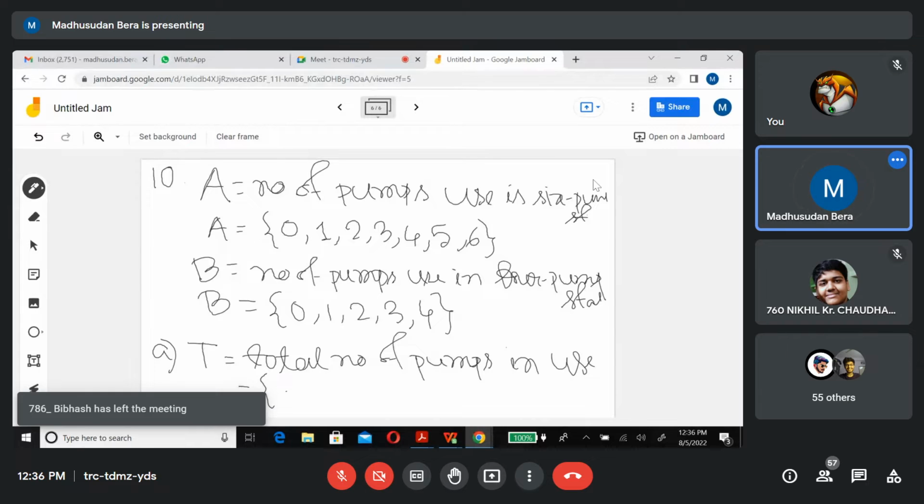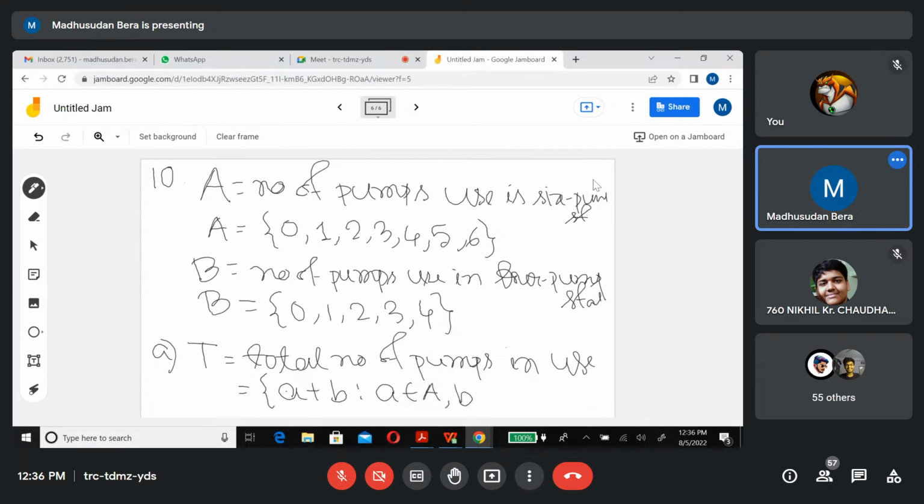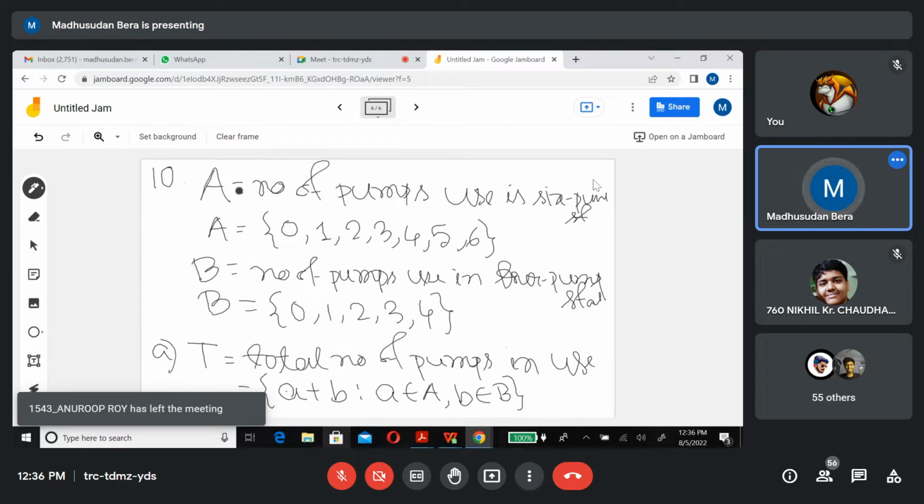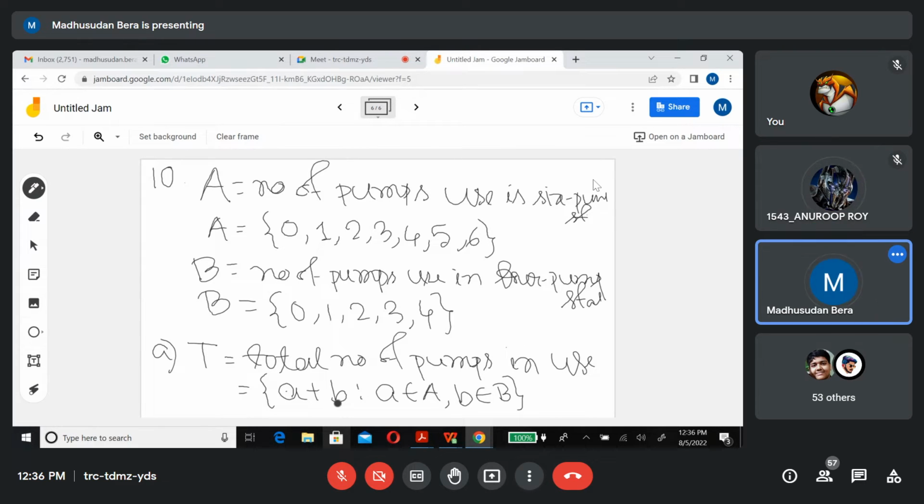That will be A plus B, such that A belongs to A, B belongs to B. Suppose from station A, the 6-pump station, A number of pumps are in use, and from the next station B, B number of pumps are in use. So it will be A plus B. Correct or not?